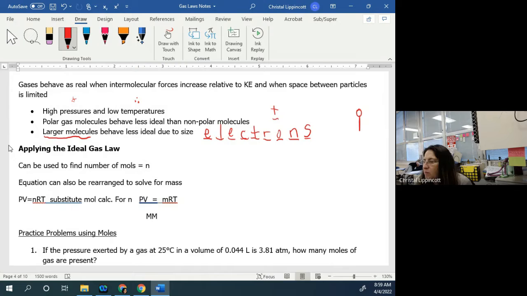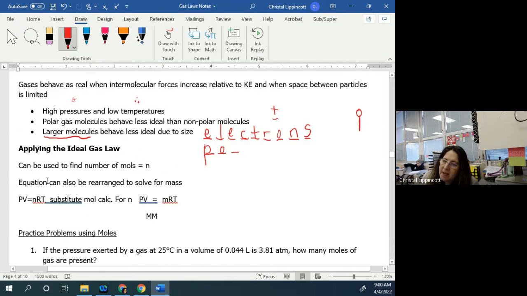If they have more electrons, then they are more polarizable, which gives them a greater number of LDFs, and that makes them hook up together, right? Does that make sense? Yes. More electrons are more polarizable.